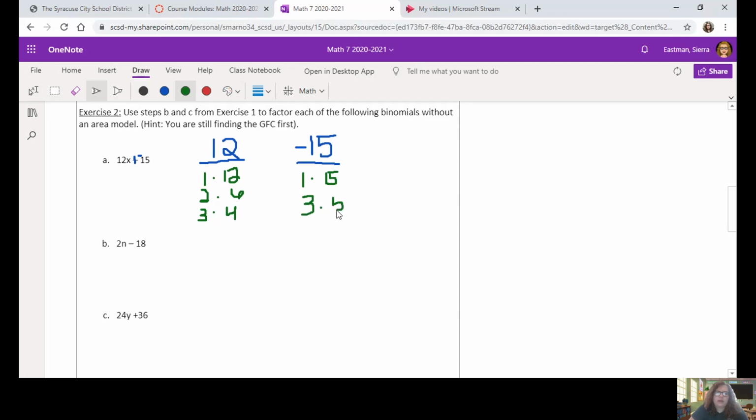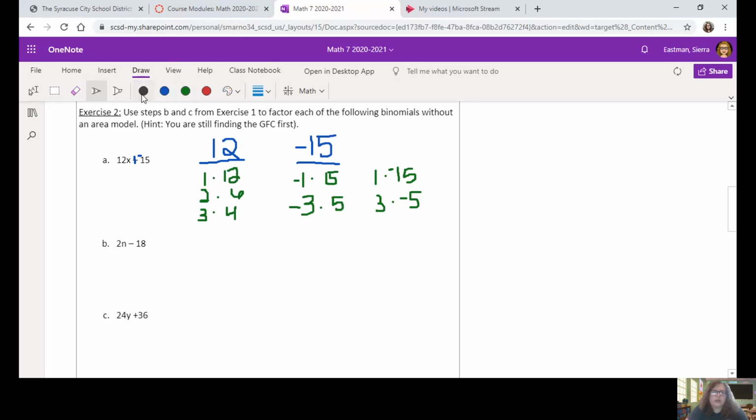But remember, we have that negative, so there's actually kind of a double of both. One where the 1 is negative, and one where the 15 is negative, and then one where the 3 is negative, but one last factorization where the 5 is negative.